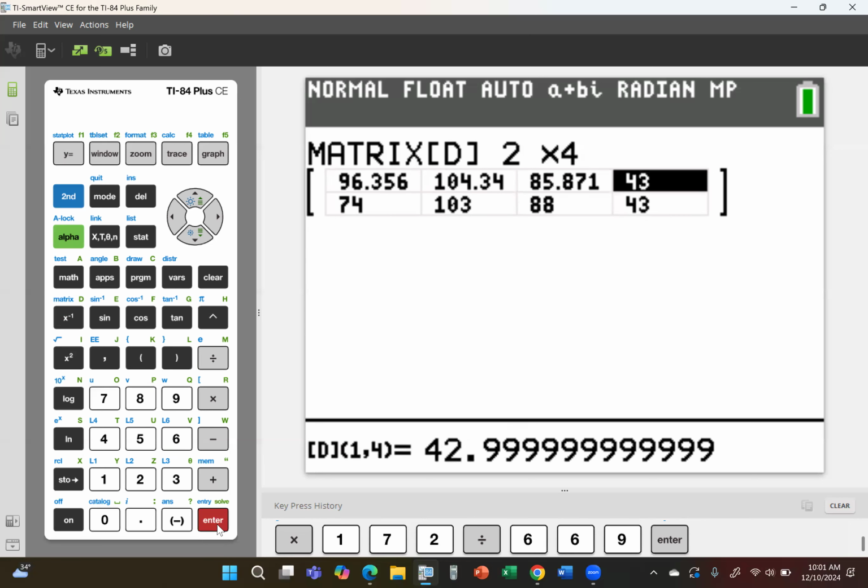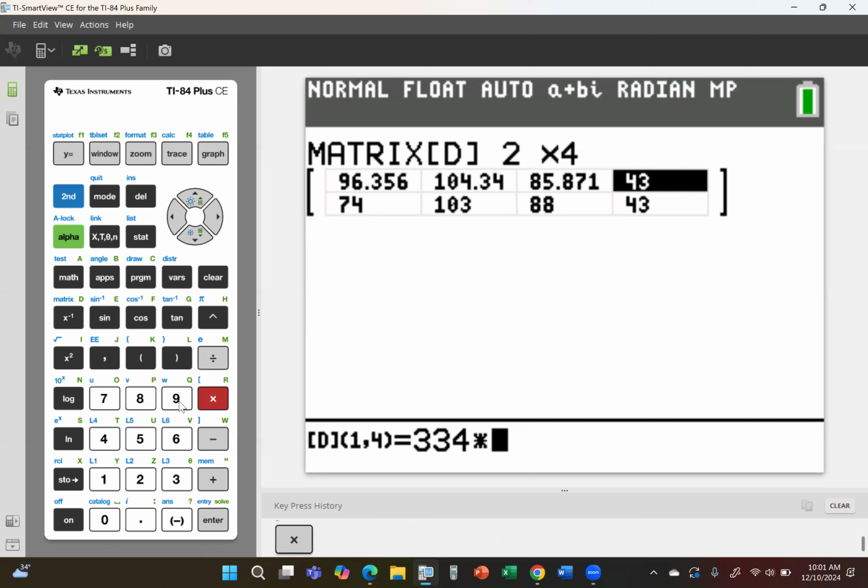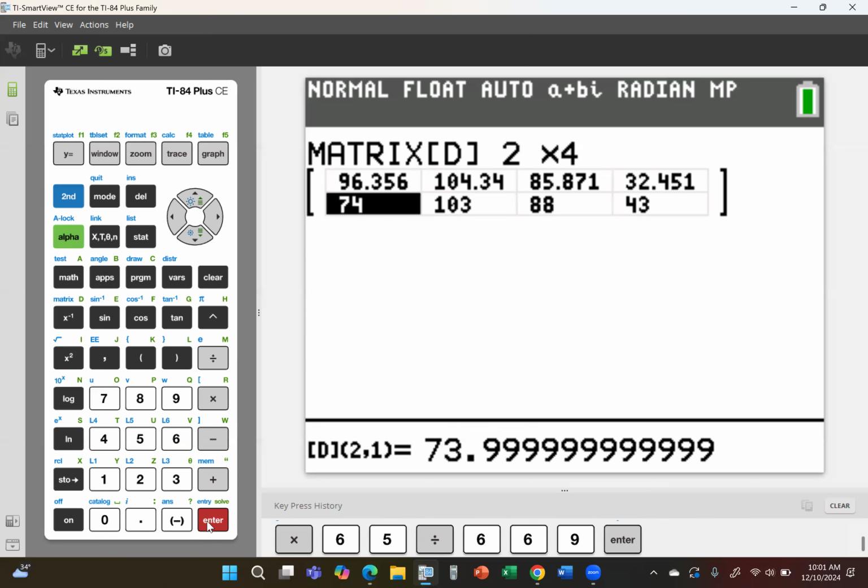And that is 85.871. And then what was the last one? 334 times the column total was 65 divided by the total 669. Does that look good to you? Okay, it looks like what I have written on my paper.